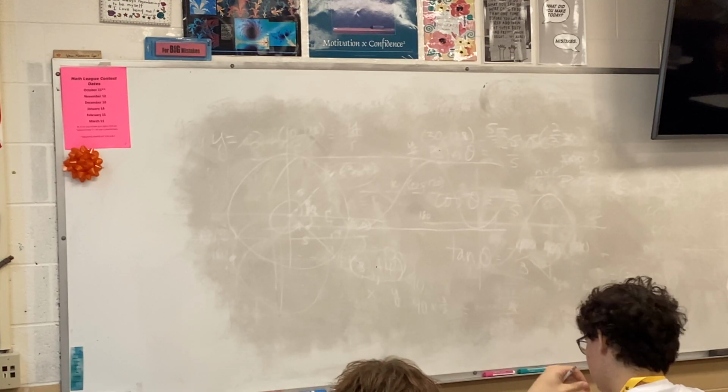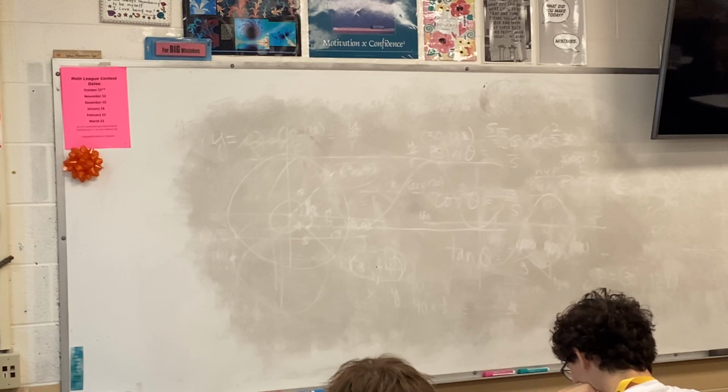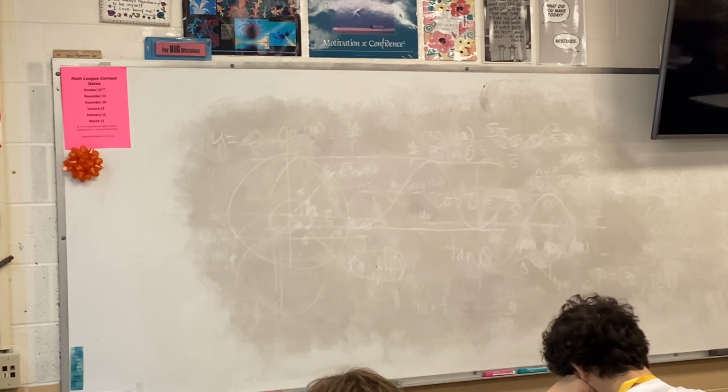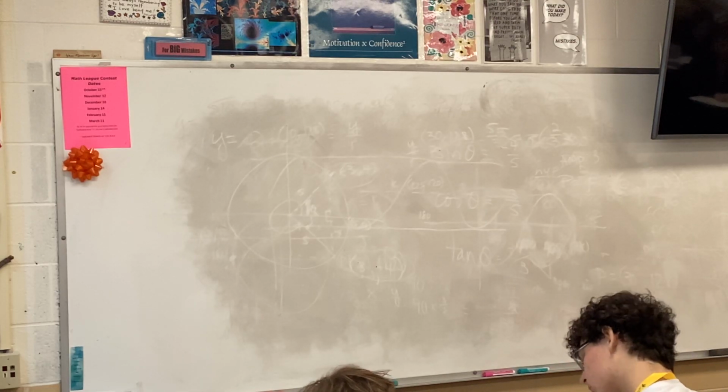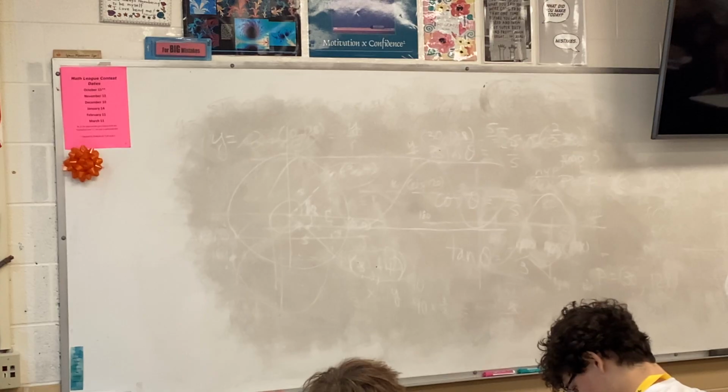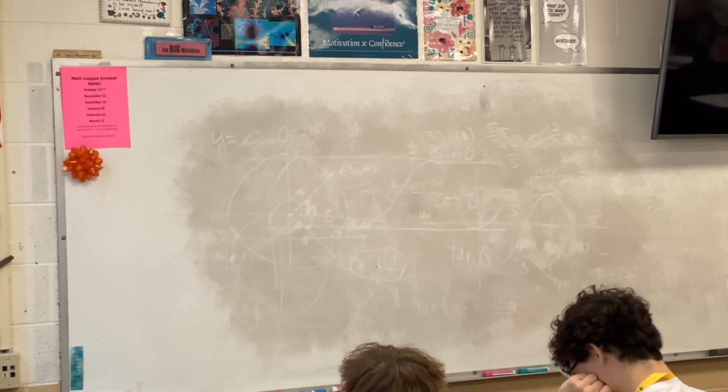How about negative 12? Negative 12 will be the same as 0, right? And other things too, but it's 3 periods, negative 12. How about 29?